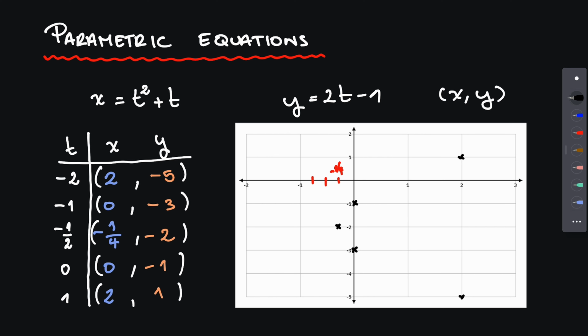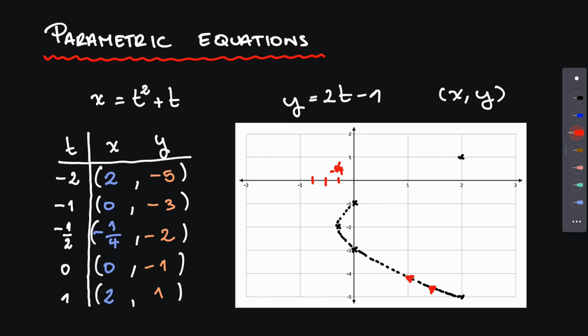Clearly, we see the figure, what we have, right? We see that we have a curve. So let's graph this curve. We started from here, from 2 and -5, right, went to this point right here, 0 and -3. And then we move here, right? And after that, we move here. So basically, we're moving in this direction, right?